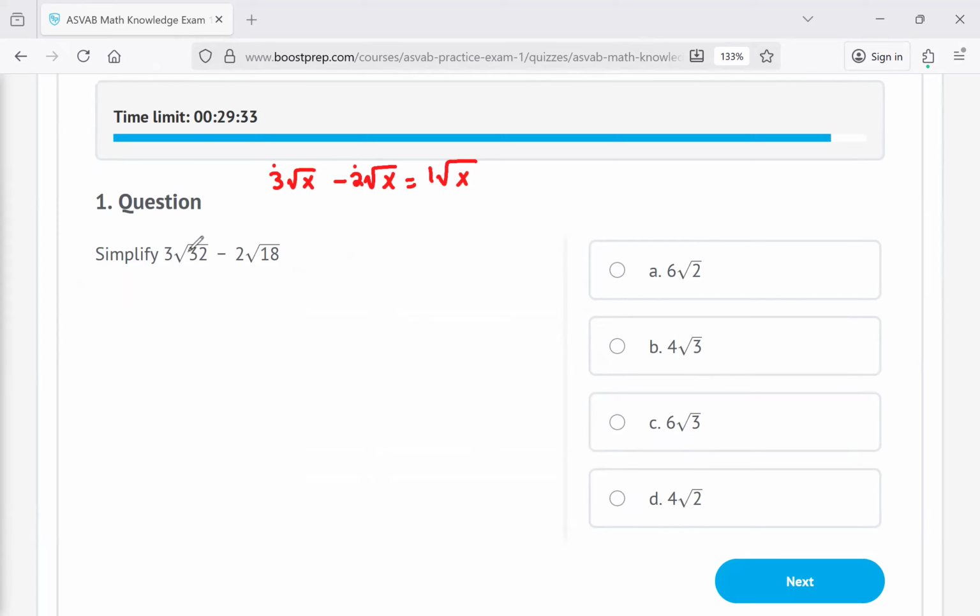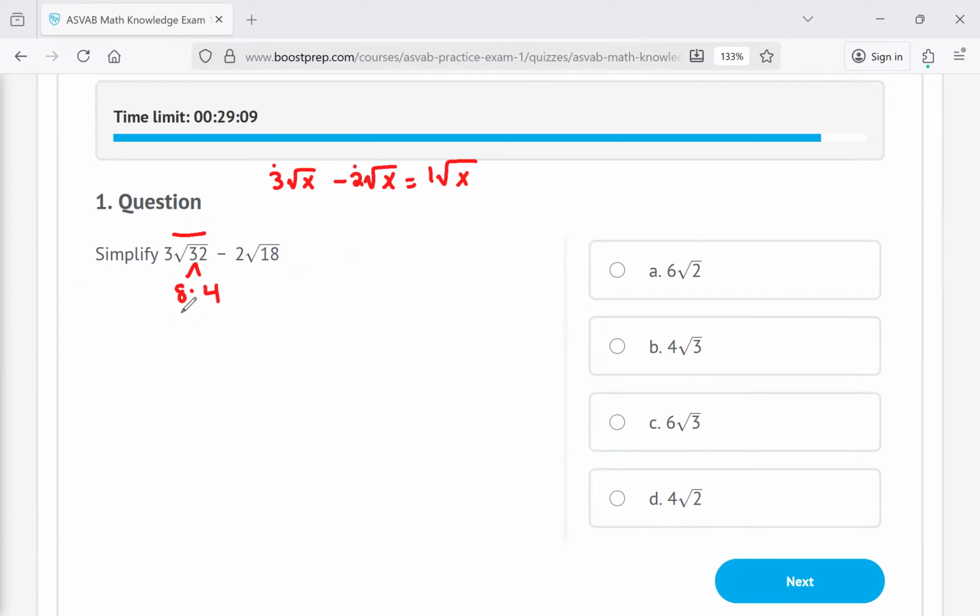So how do we simplify the first term, 3 square root of 32? I know square root of 32 is not perfect, but we can break it down using a factor tree. So what two numbers multiply to 32? Maybe 8 and 4.